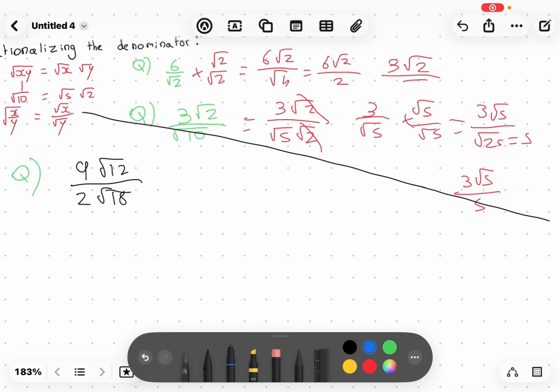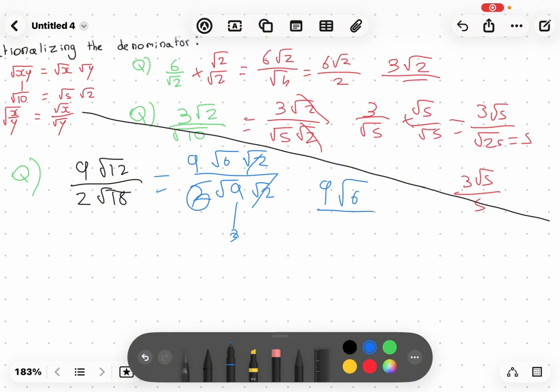Yep, like this. 9 square root of 6 times the square root of 2, because that equals 12. And then 2 square root of 9 times the square root of 2. The 2 cancels, then we're left with this. And the square root of 9 is a 3, so 3 times 2 is going to be 6.